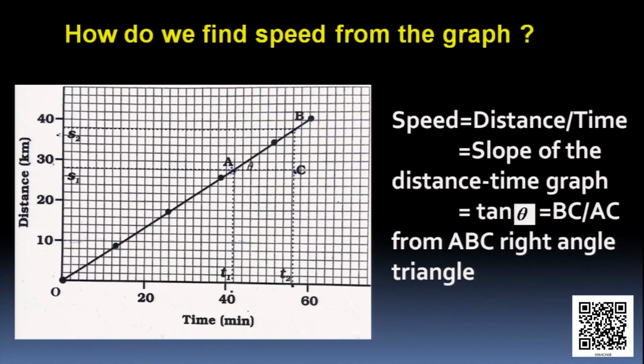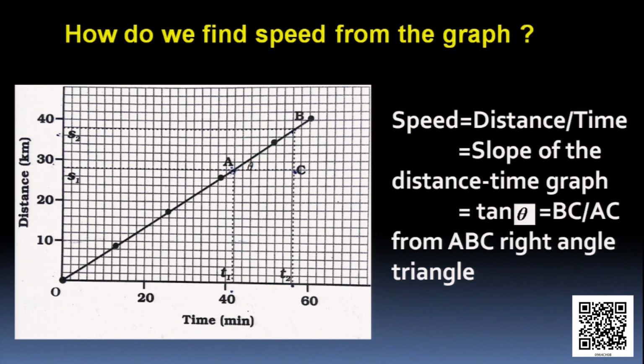So if it is distance divided by time, then you see there is a right angle triangle. ABC is a right angle triangle. We have taken 2 points A and B on the straight line graph. Through these 2 points we have taken the right angle triangle ABC. In the right angle triangle ABC, from mathematics you must have learnt about tan theta, sin theta, cos theta, cot theta.